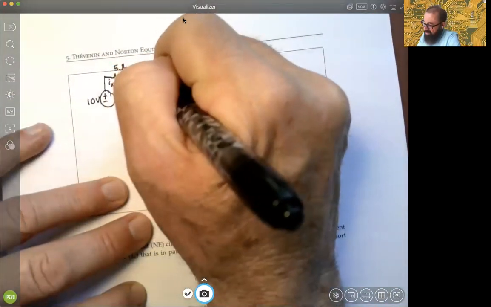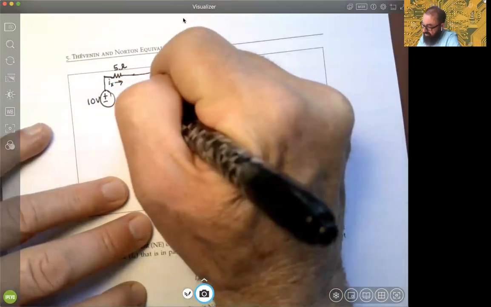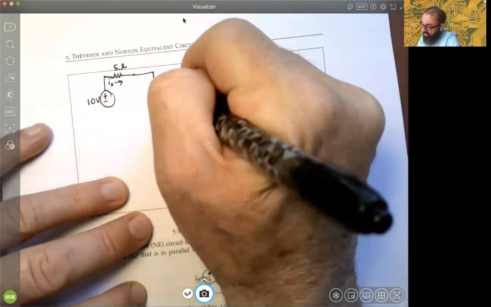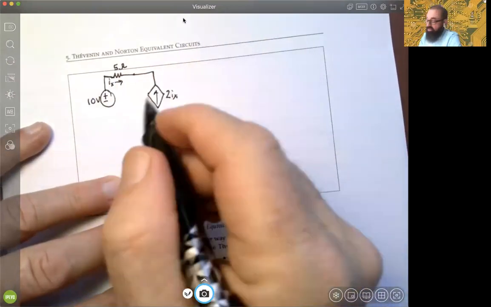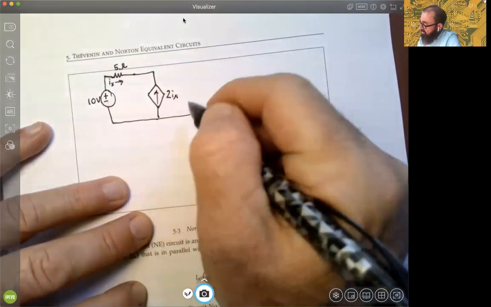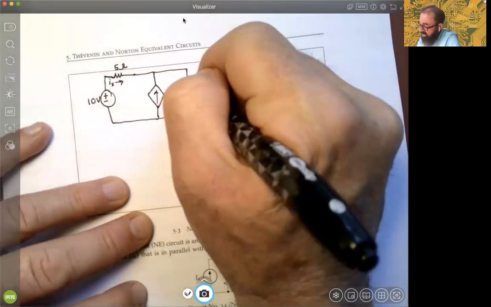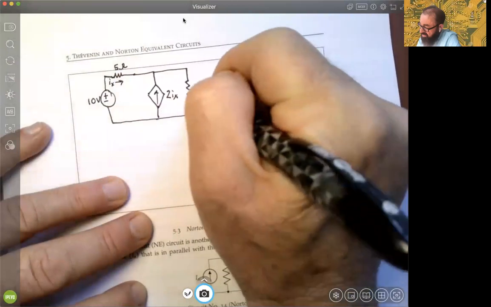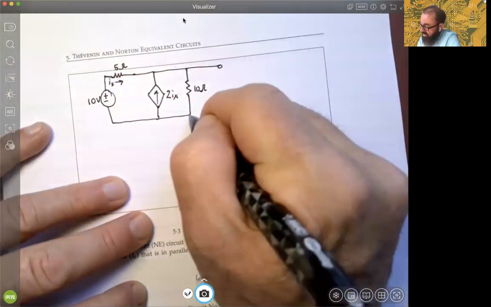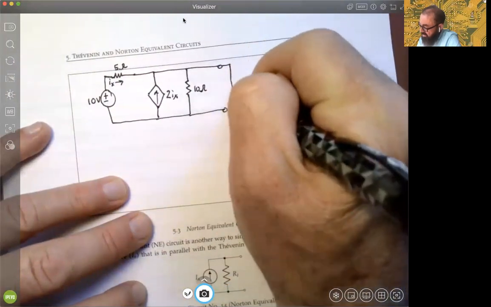And this was connected to a dependent current source, which doubles whatever the current is coming out of that 5 ohm resistance. These two things are then connected, and this is connected in parallel with the 10 ohm resistance. And then we short circuit by connecting these together.